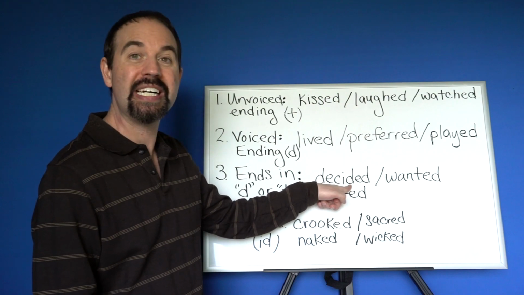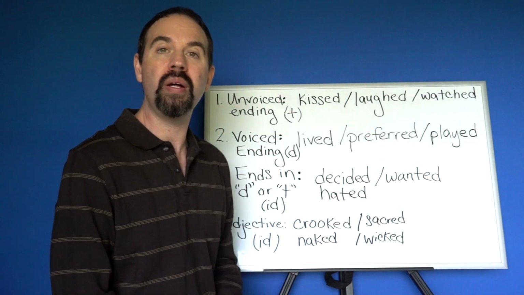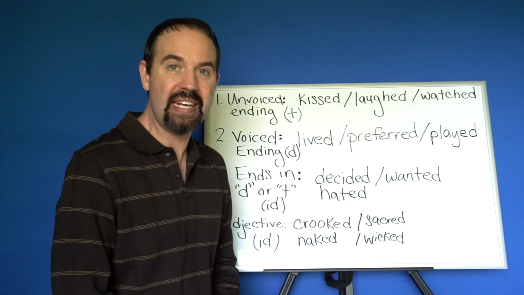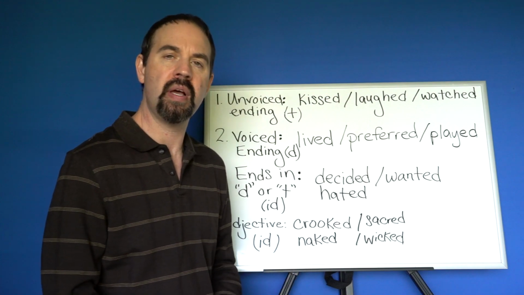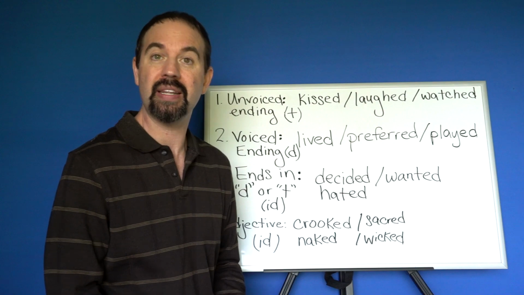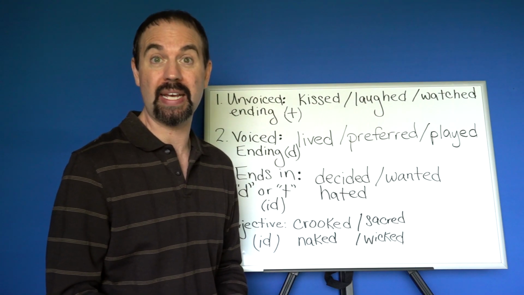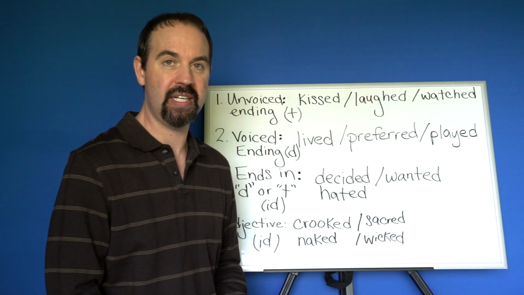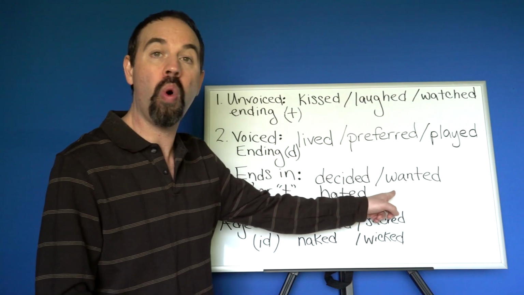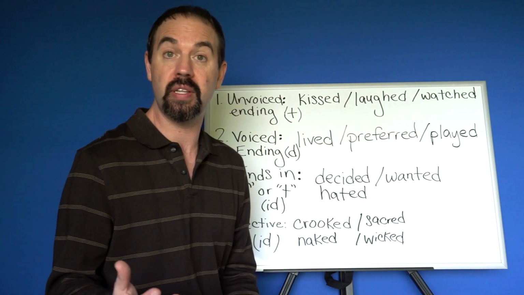Decide, decided. Want, wanted. Hate, hated. In English, we can pronounce the T sometimes like a D, like city or pretty. Hate is pronounced like a T, but hated is pronounced like a D. Decided, wanted, hated.